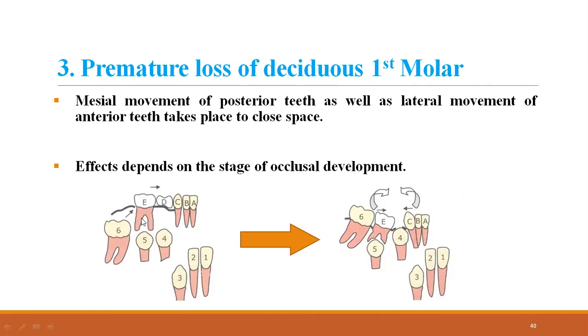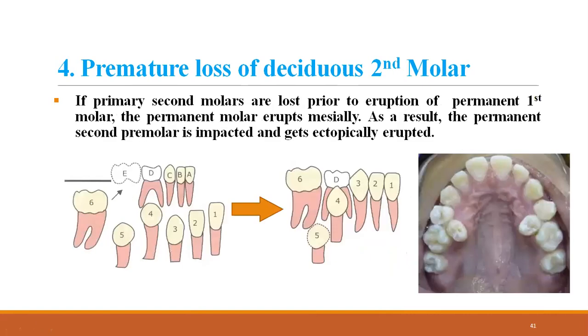Here, if premature exfoliation of D occurs before eruption of first permanent molar, then E is shifted into the place of D. The posterior teeth shift in mesial direction and the anterior teeth shift in distal direction. It causes impaction or labial eruption of the 5.